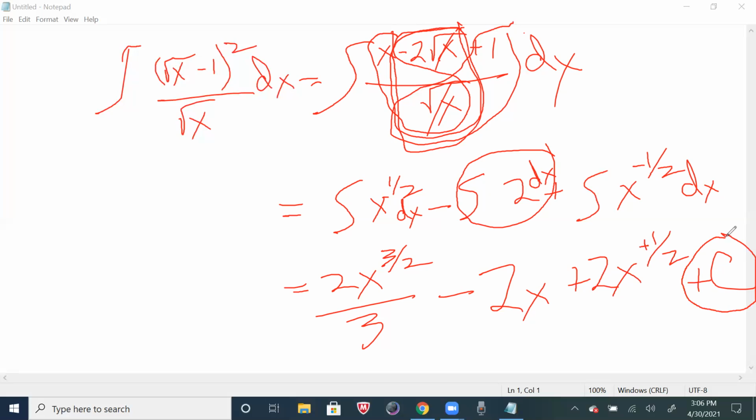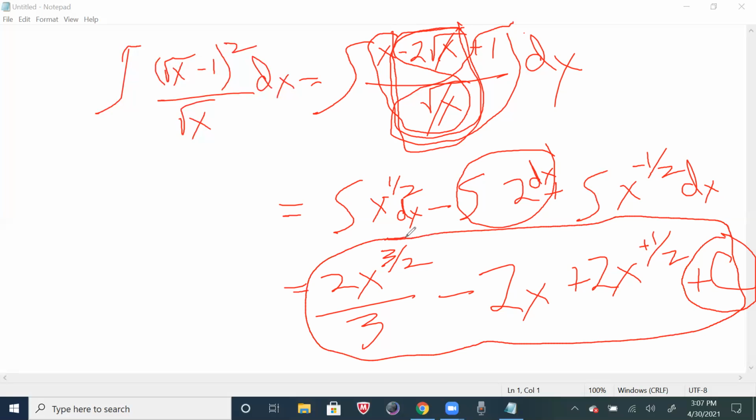Why do you need a c for indefinite integrals? Because they're indefinite. If they're definite, you would not have a c. Here's the thing. If you were to differentiate this with the plus c, you would get what you started with.